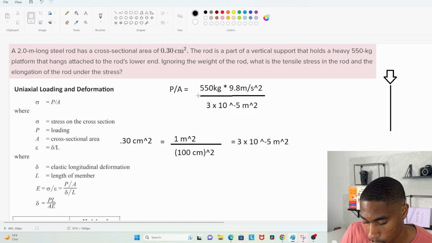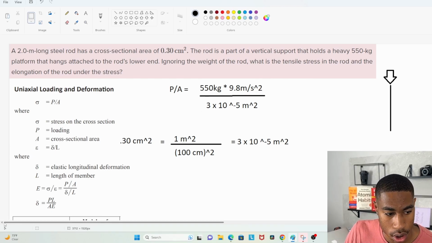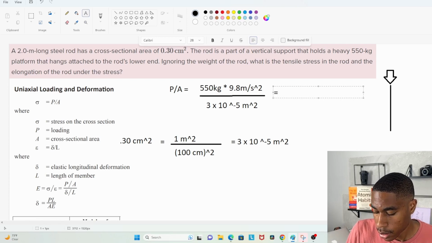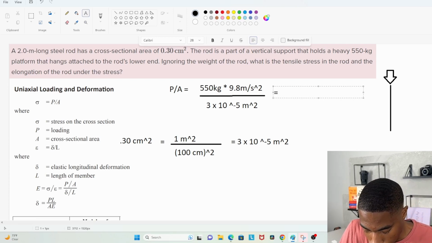550. All right. So I get 1, 2, 3, 4, 5, 6.